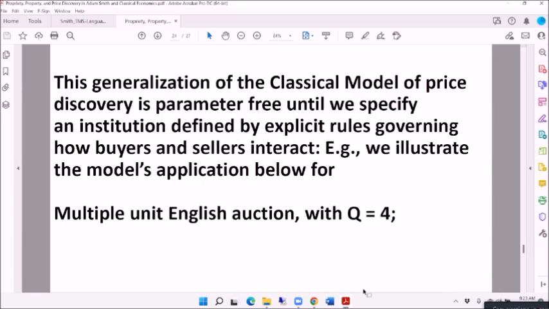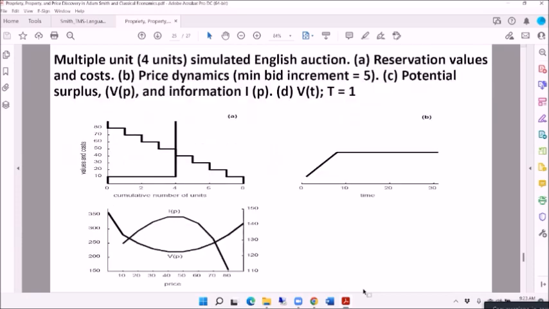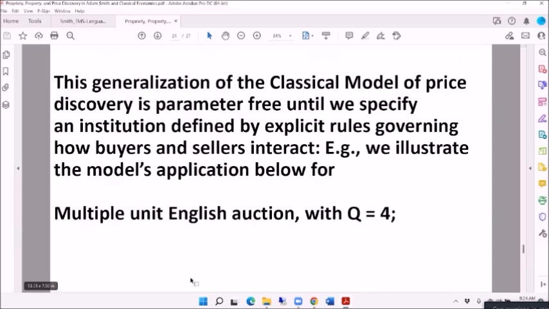So now let me give you a parameter version, an actual institution of trade, as an example of this. Of course, institutions of trade add more parameters, because those parameters describe how buyers and sellers actually get into contact with each other and trade. Here's an example of a multiple unit English auction with Q equal to 4.